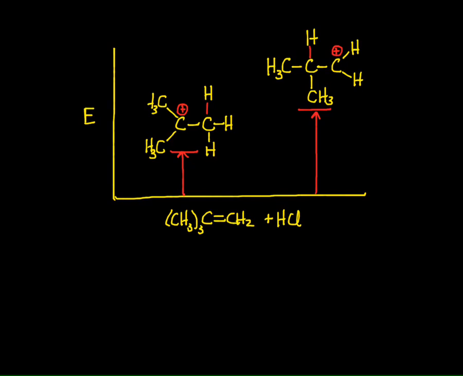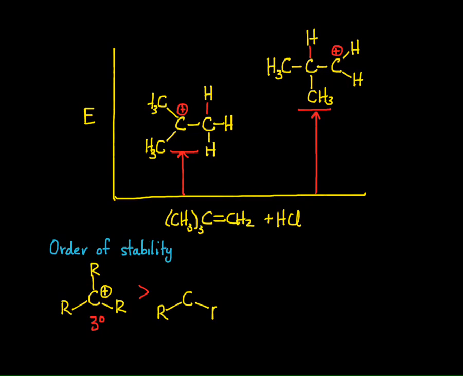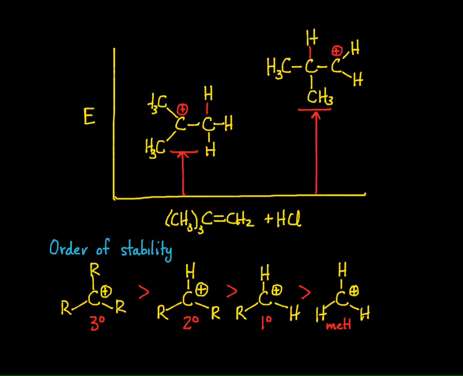And we see this in a variety of reactions, such that we can actually figure out the order of the stability of the carbocations, in that tertiary carbocations are more stable than secondary carbocations, and secondary carbocations are more stable than primary carbocations, and primary carbocations are more stable than methyl carbocations.